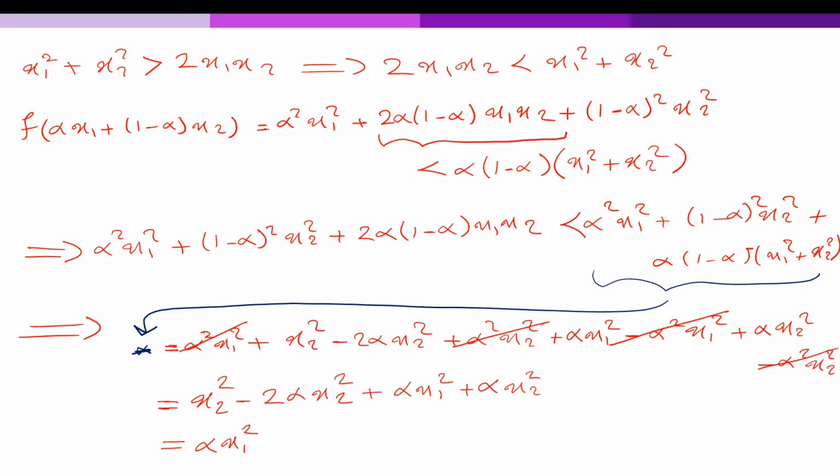Here we have 1 minus alpha, like this term and this term, 1 minus alpha plus 1 minus alpha x2 squared, which is basically alpha f of x1 plus 1 minus alpha f of x2.